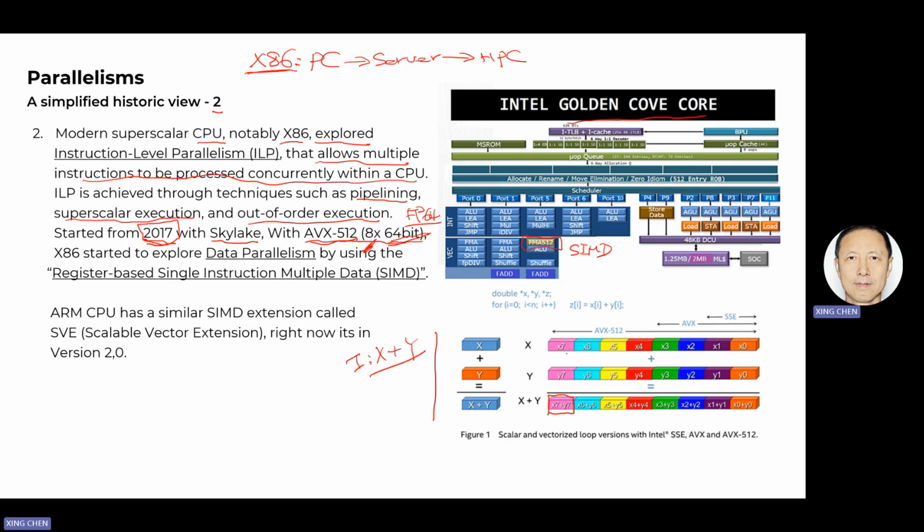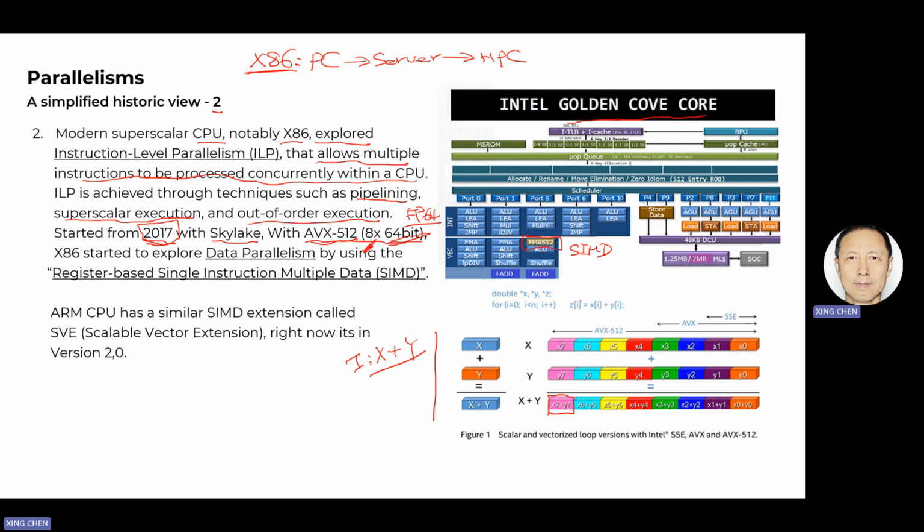So you have 8 hardware units that do the sum of the 8 elements at the same time. So single instruction, multiple data. Multiple data means you have multiple elements, and the final result will be put in x plus y. So single instruction multiple data, this is the meaning.